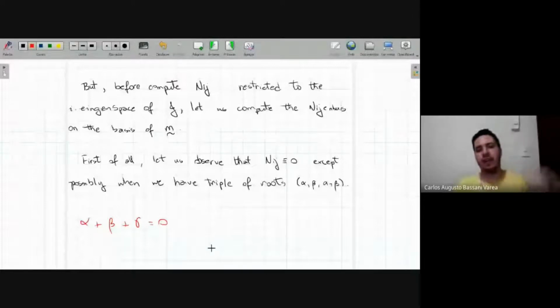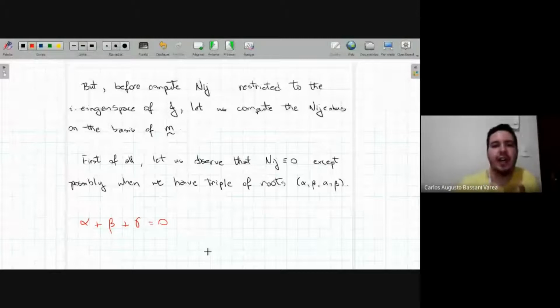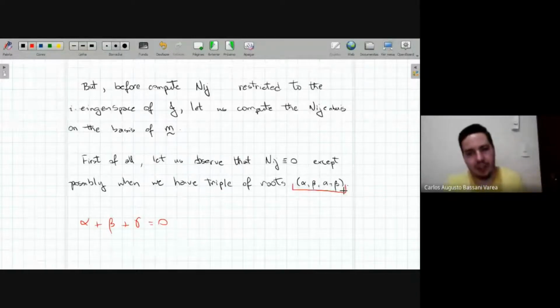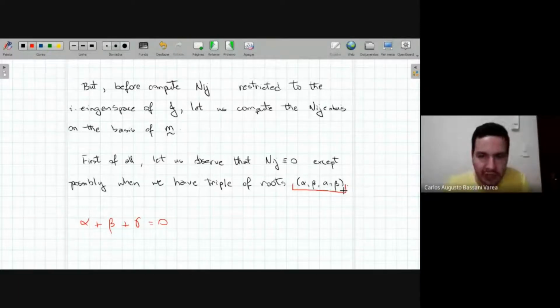For us, for the generalized complex structures, we obtained a similar condition, and the integrability will depend on a triple of roots of the type alpha, beta, and alpha plus beta. Okay, let's see why this happens.